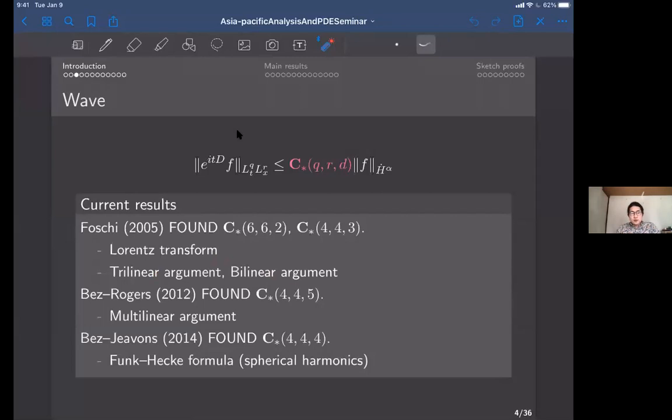Then in 2012, Bez and Rogers generalized his argument to multilinear and found the best constant in 5 dimensions. Soon after, Bez and his student at the time, Chris Jeavons, found the best constant in 4 dimensions by applying this multilinear estimate combined with the Funk-Hecke formula from spherical harmonics.